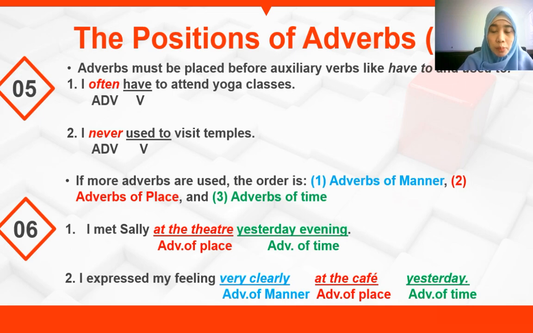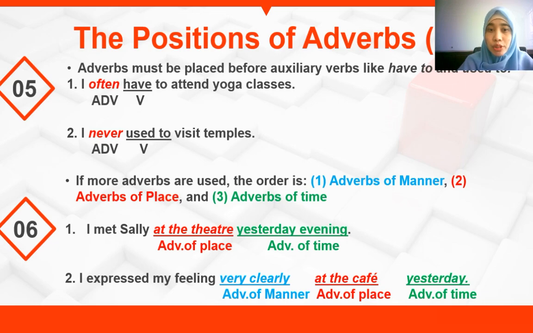For example, in example 1, you have I met Sally at the theater yesterday evening. So at the theater here is an adverb of place, and it is put before the adverb of time. So it conveys the idea of number 2 and number 3 because we don't have number 1 in example 1.